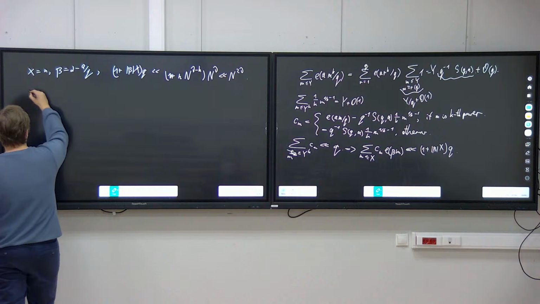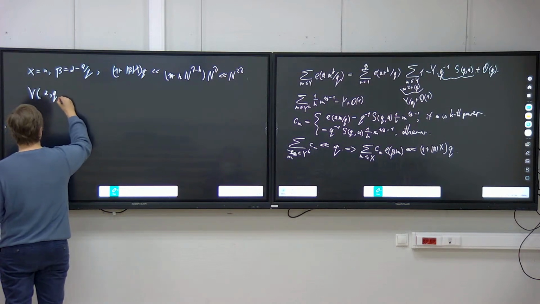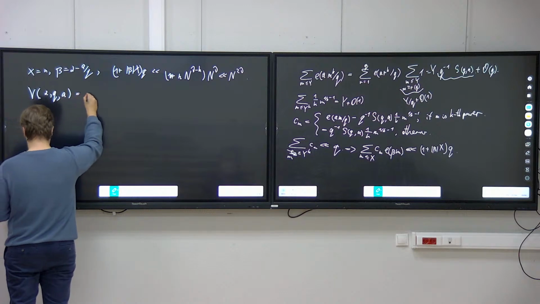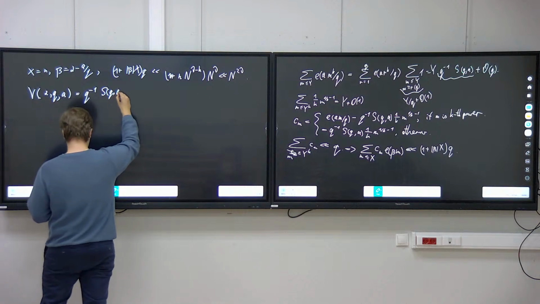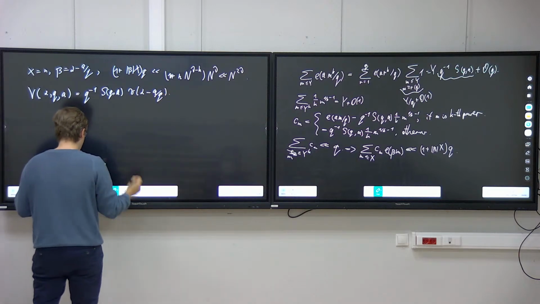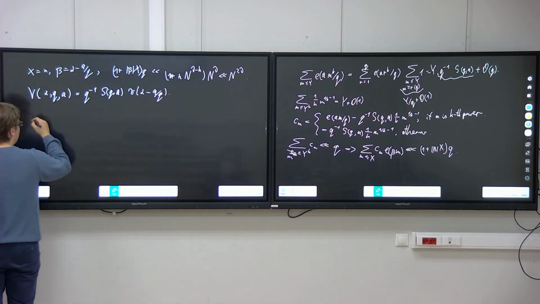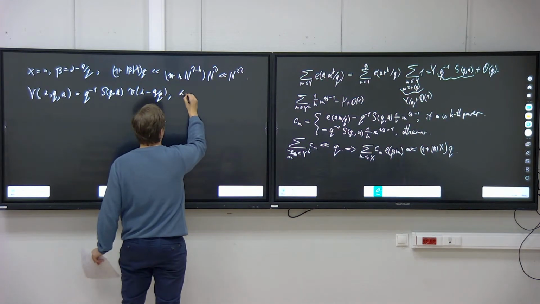And so now we are interested in this function, q to the power minus 1 S(q,a) v of alpha minus a over q, if alpha is in our major arc.